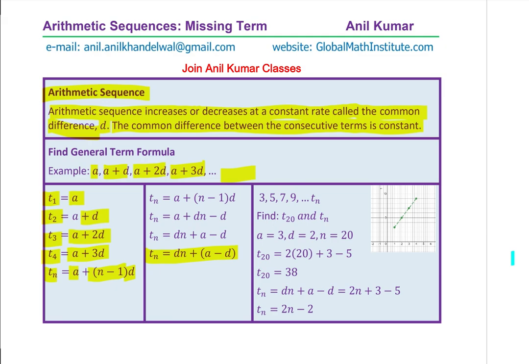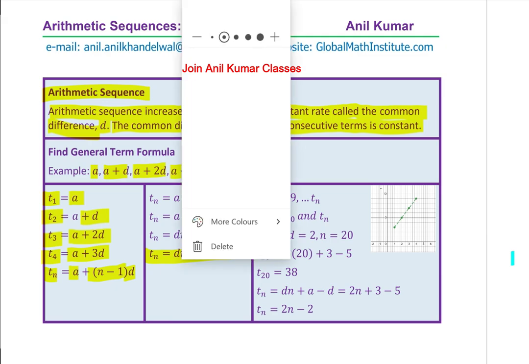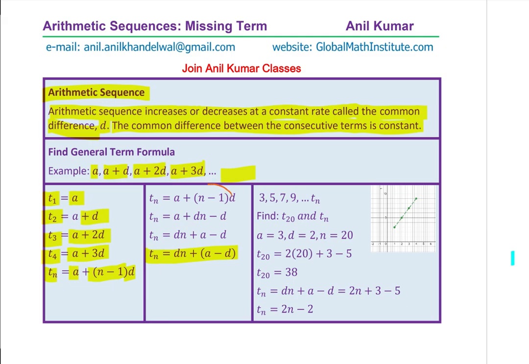So the steps are, of course, you could expand and simplify, applying the distributive property, and that gives you an idea that it is kind of a linear graph, right? dn. D denotes slope, and a minus d is your y-intercept. You get the idea.